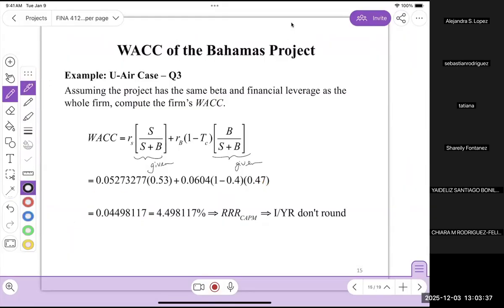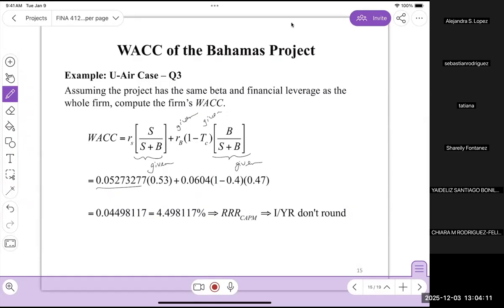This number we calculated before, the first instance, using the T-bills of the last 6 years. And this is also given. These are bonds issued with a yield to maturity of 6.04%, and the corporate tax rate is 40%.